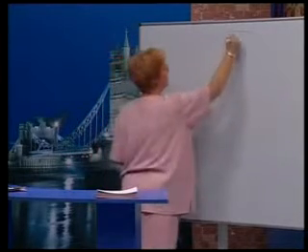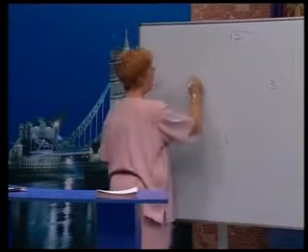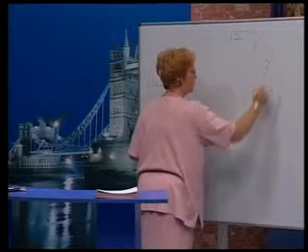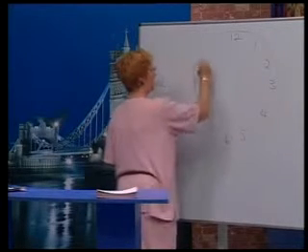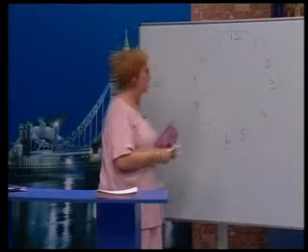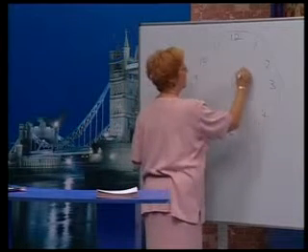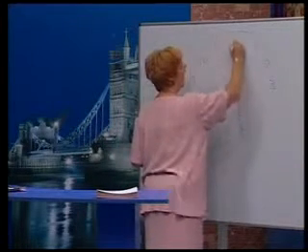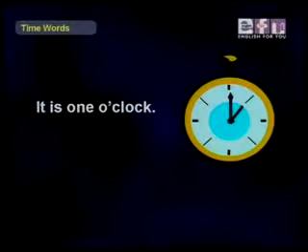Here come the numbers. 12, 3, 6, 9, 1, 2, 4, 5, 7, 8, 10, 11. Okay, so here's our clock. Now, first example, we're going to do it like this. Now, we can say for this, it is 1 o'clock.